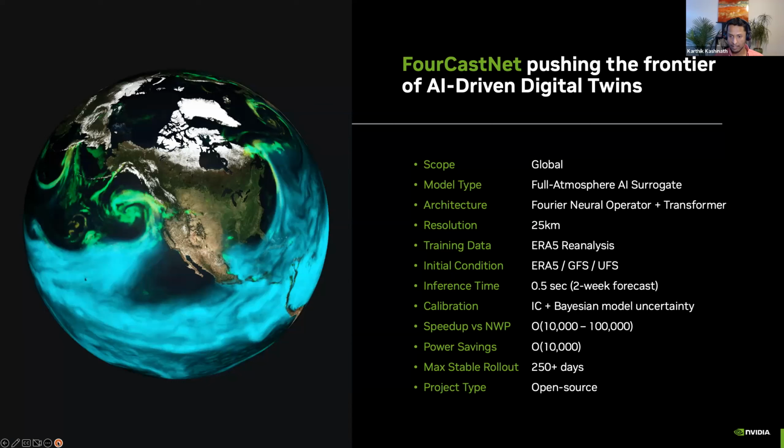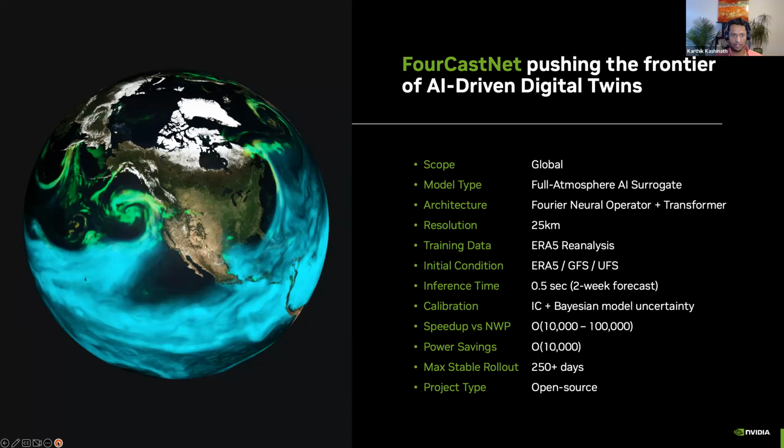We're currently exploring some very exciting long rollouts of the model. So we're looking into predictions that are much longer than medium range forecasting. And we currently have stable simulations out to about 250 days. And it's a completely open source project. I want to emphasize that all of the models that we're developing in Earth-2 are going to be open sourced.